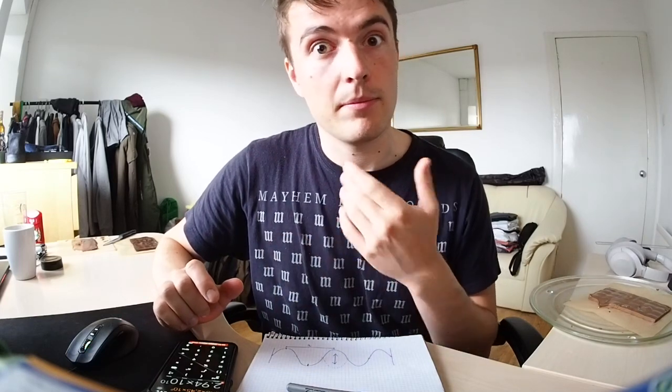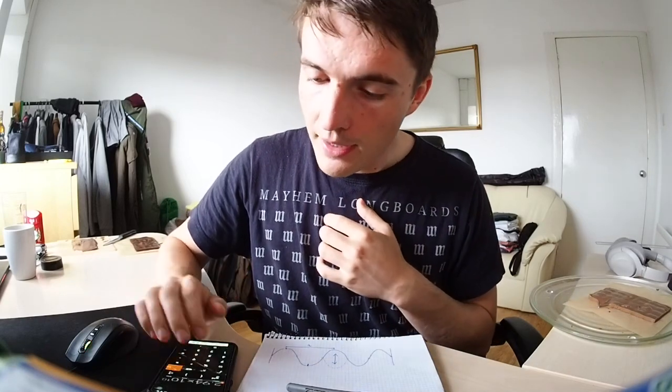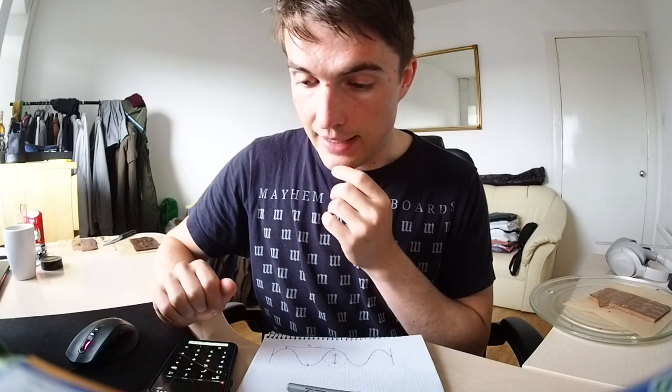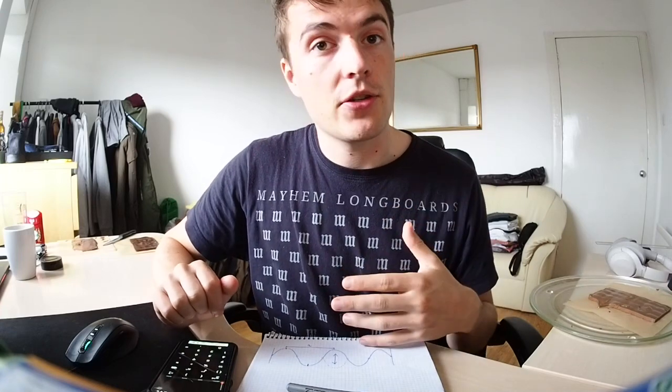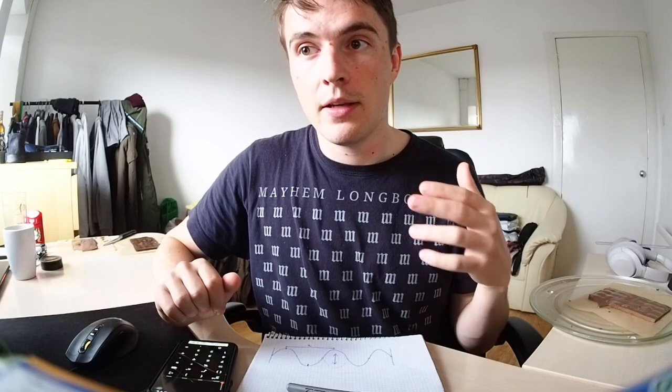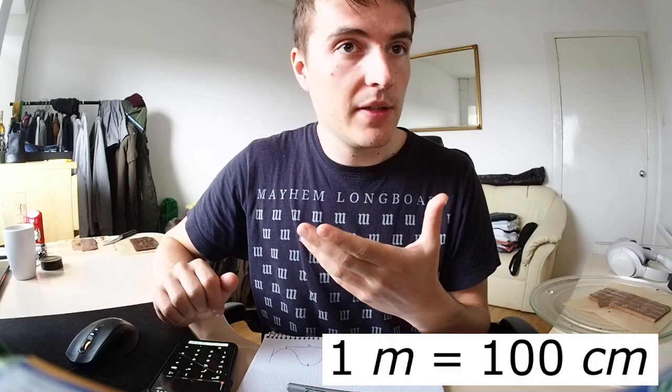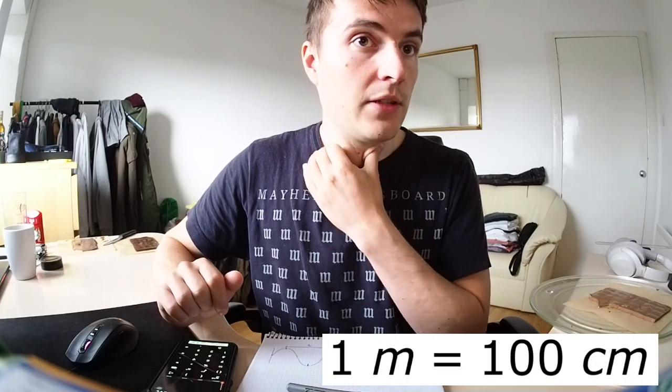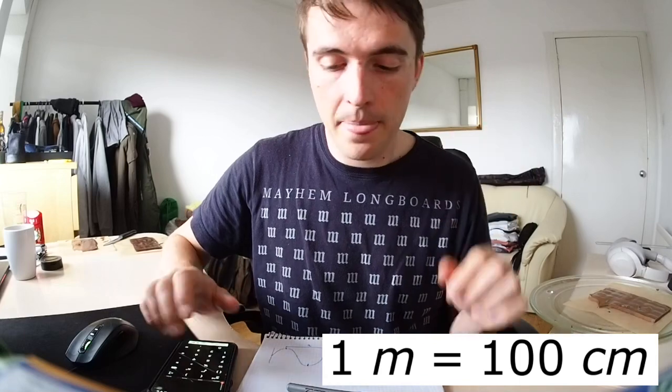This is a typical example of how measurement uncertainty can be improved in science. It's also important to mention that for the final calculation, the wavelength should be in meters. So if you measure it in centimeters, you need to convert it to decimals.